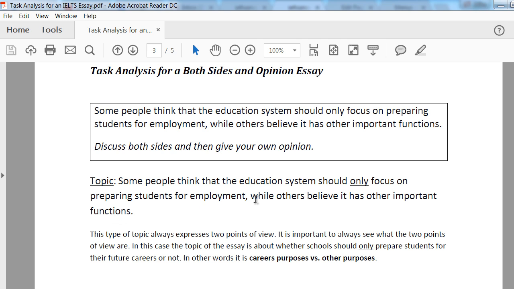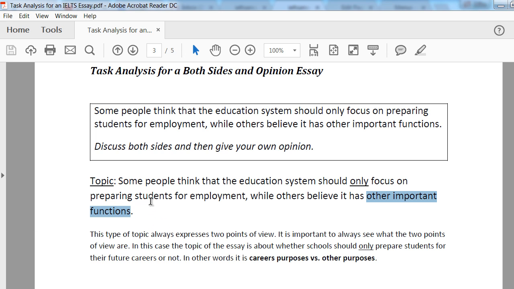And then the other side of the argument, or the other view, is that the education system has other important functions. So these could be giving young people skills for purposes other than getting jobs. For instance, teaching them how to cook and how to be healthy, and those sorts of things.